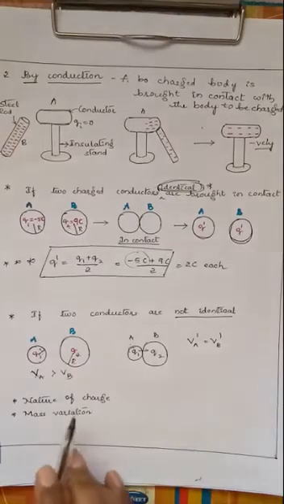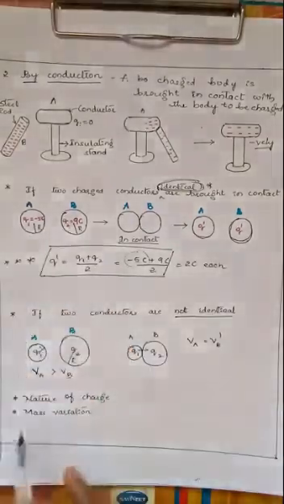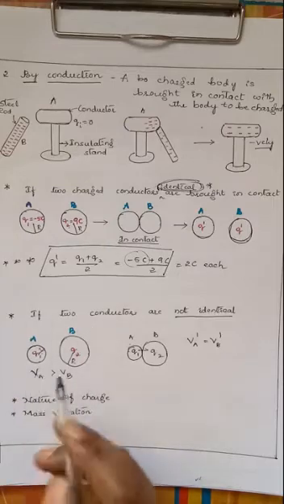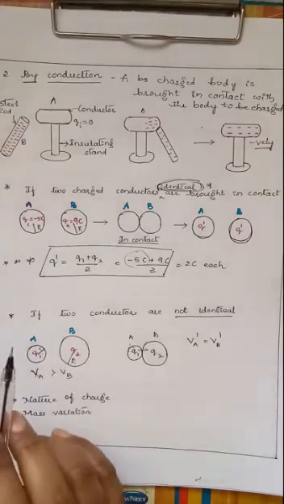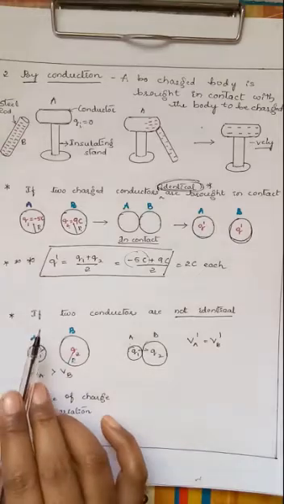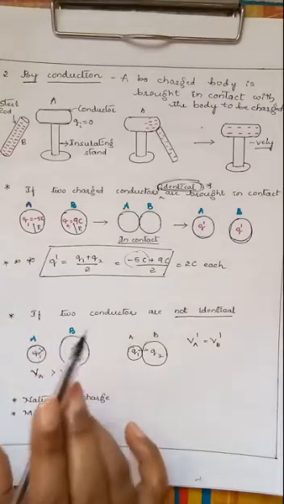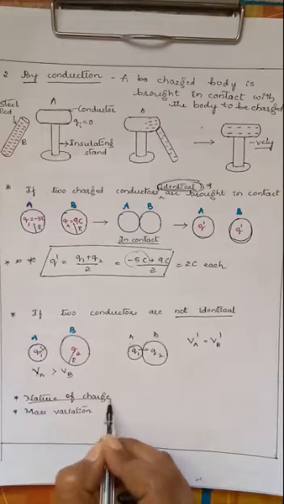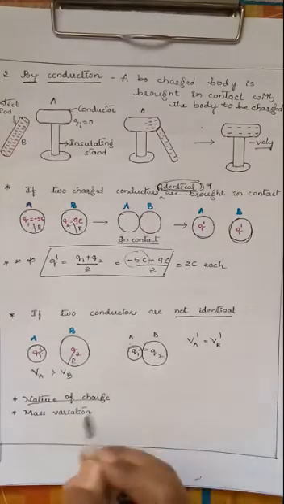Hope these two cases are clear for solving your numericals. What we can conclude in the conduction method is that transfer of charge, meaning electrons, takes place from one body to another, but the nature of charge is the same on both of them.